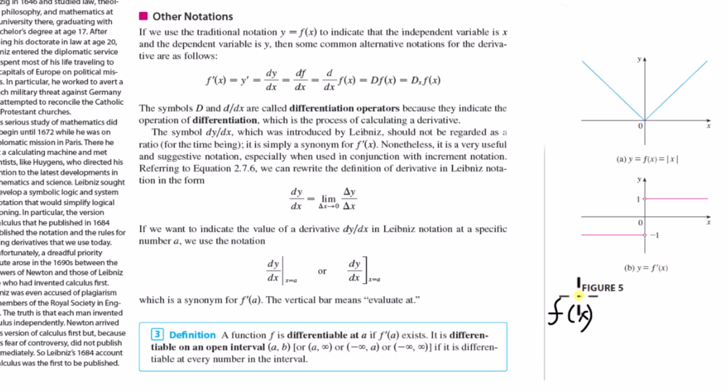So if you draw the graph of f of x, then, like we did in the previous video, you can draw the corresponding graph of f prime of x. Anywhere where f prime of x exists, where you plug a number into f prime of x and there's a point on the graph, then the function is differentiable at that point. If there's no graph at some point on f prime of x, then the function is not differentiable at that point.